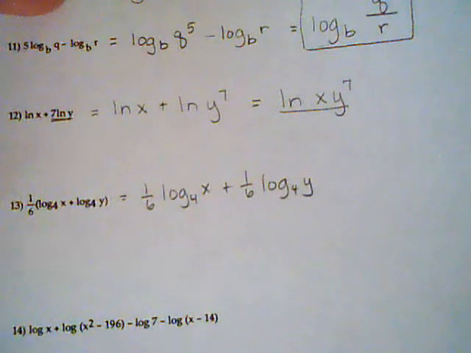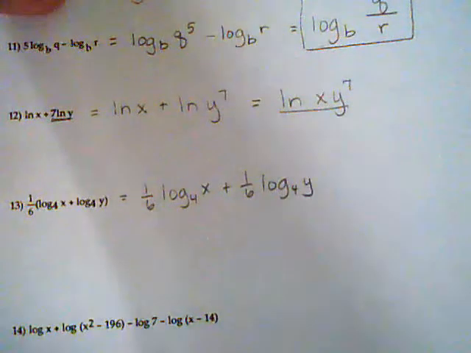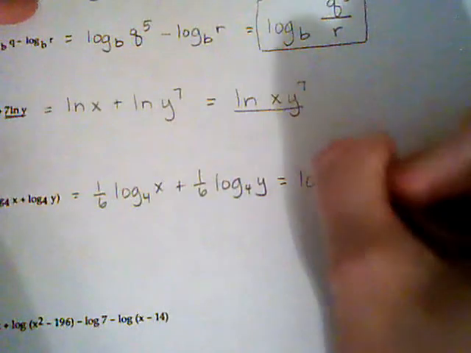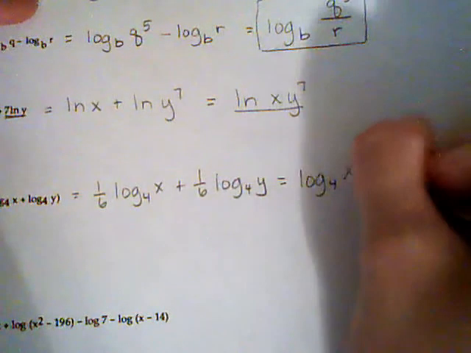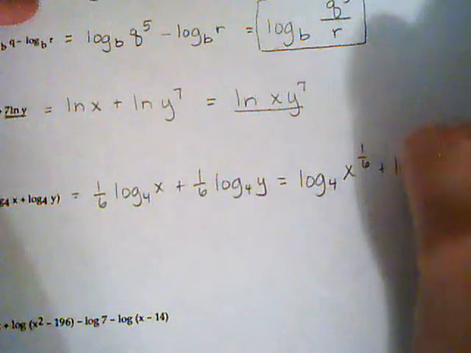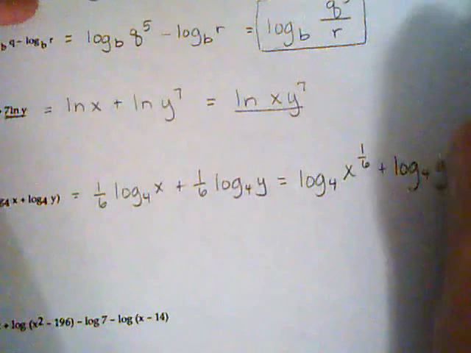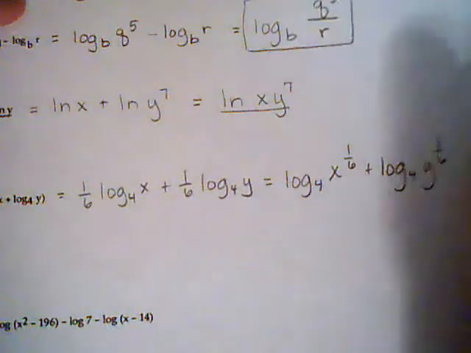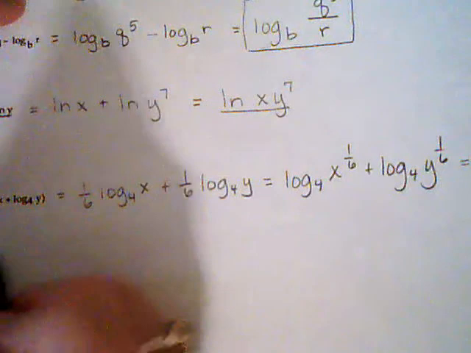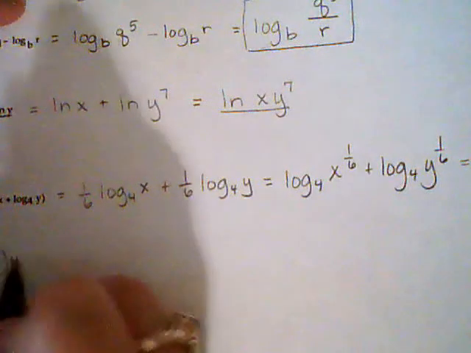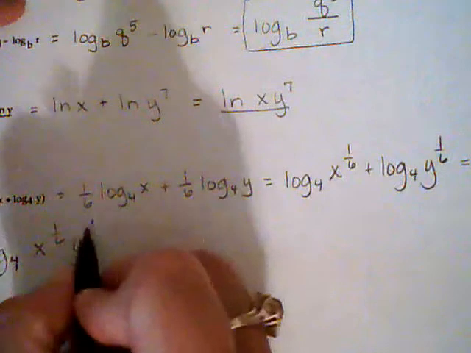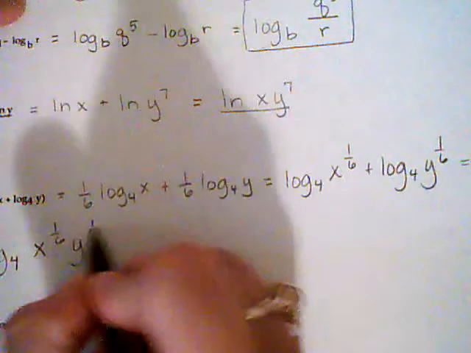Then use the power rule. So I would have log base 4 of x to the 1/6 plus log base 4 of y to the 1/6. And so if it is addition, if we're adding, we can convert this to a single log base 4 of x to the 1/6 times y to the 1/6.